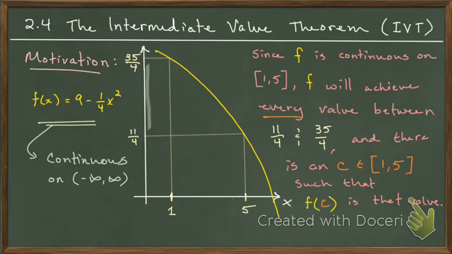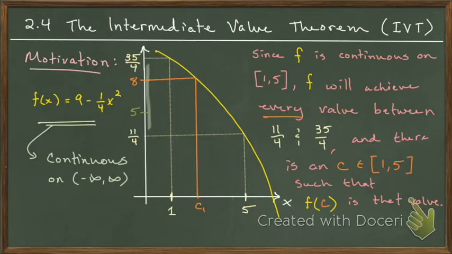Take for example when y is 8. My function is going to attain that value because it's continuous, and between 1 and 5 there's a corresponding c, I call it c1 here because I'm going to do another one, that is going to give me 8 when I plug that c into my function.